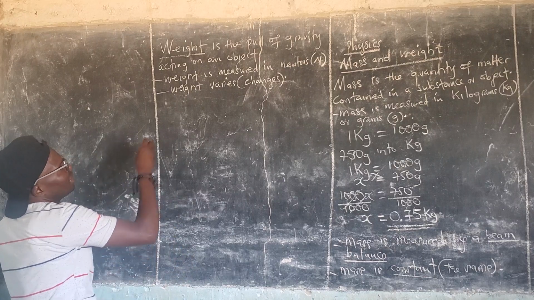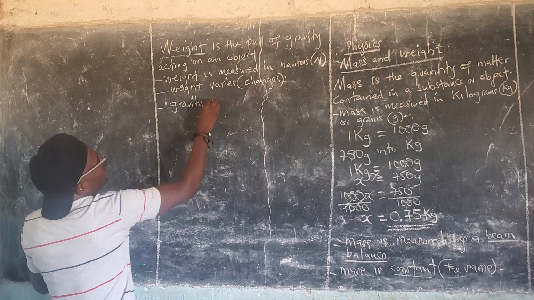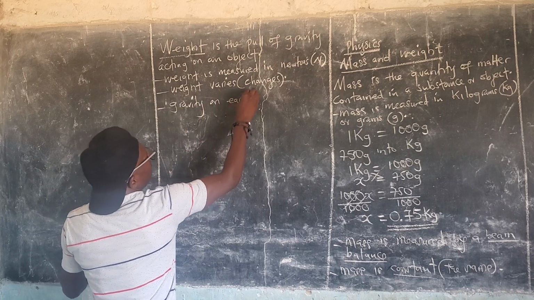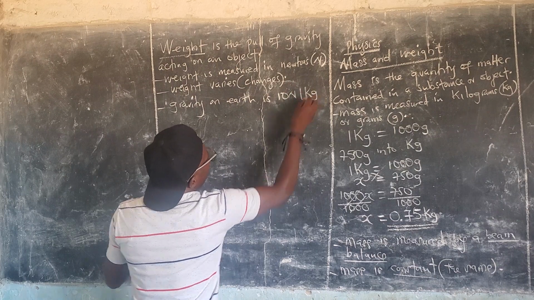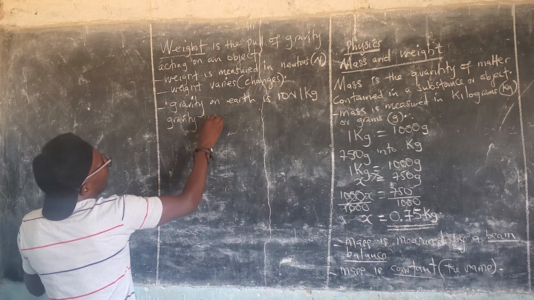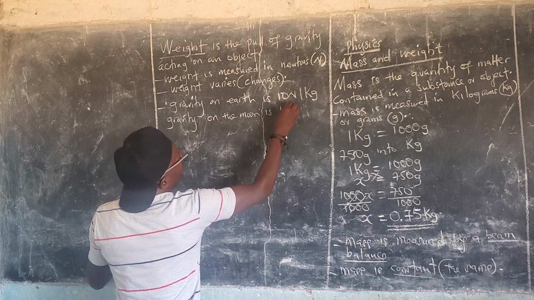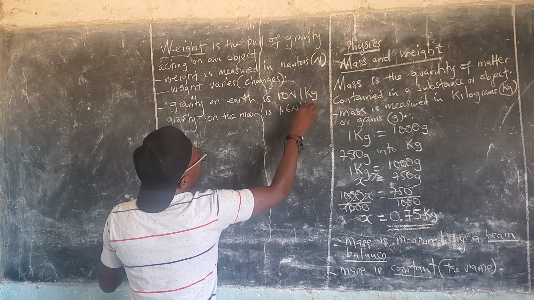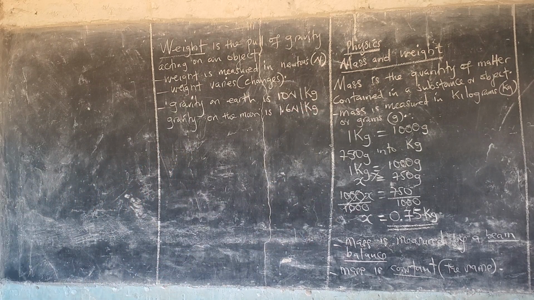That's why gravity on earth is 10 newtons per kg, while the gravity on the moon is 1.6 newtons per kg. So if you check, the gravity on earth is more than the gravity on the moon.